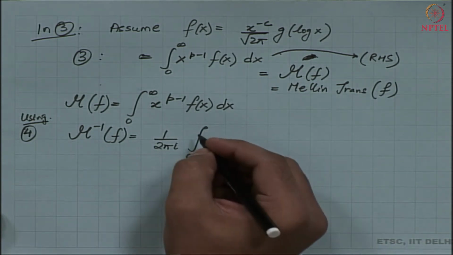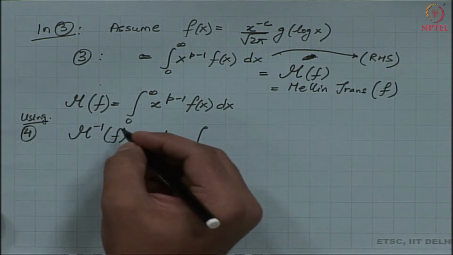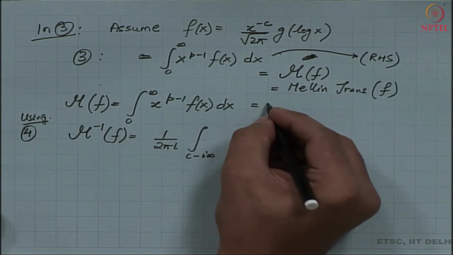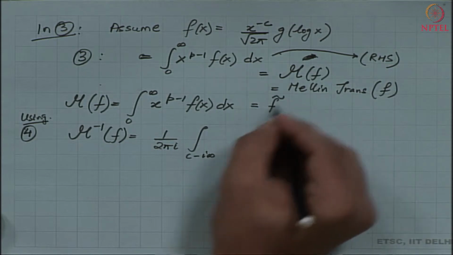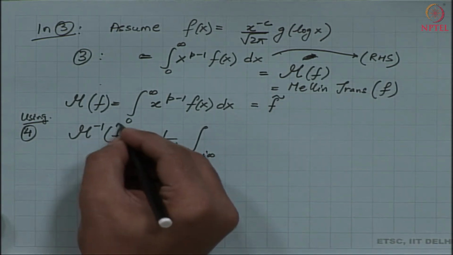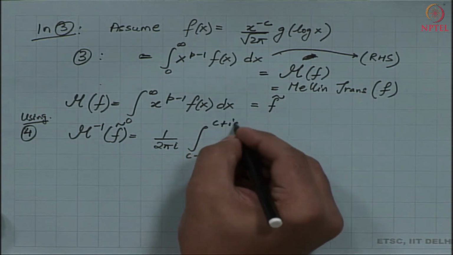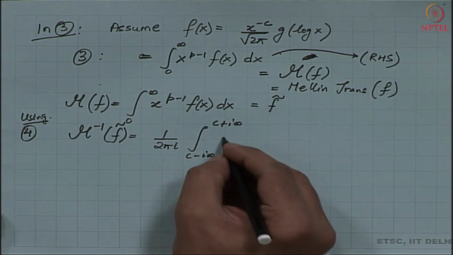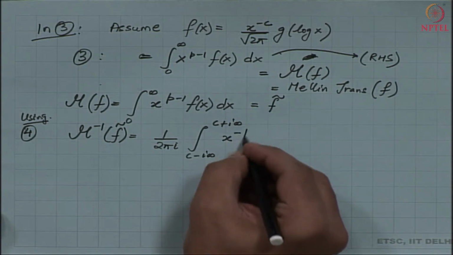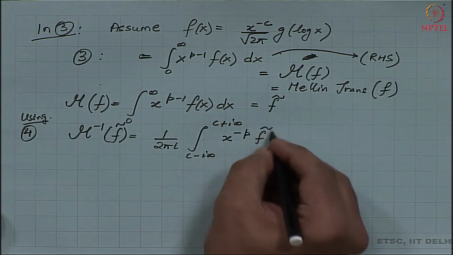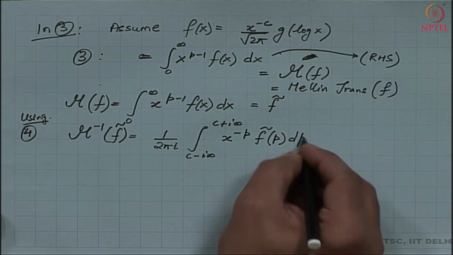So, this is from c minus i infinity. Let me also call the first expression f tilde. So, the Mellin inverse of f tilde is the Bromwich contour integral from c minus i infinity to c plus i infinity of x to the power minus p f tilde of p dp.